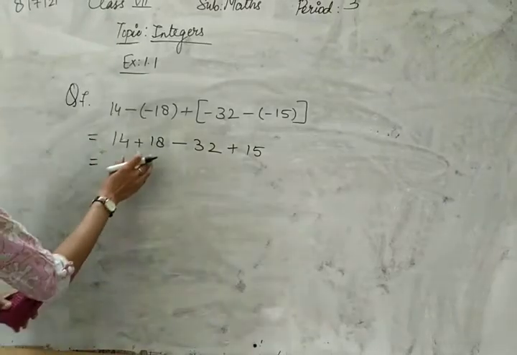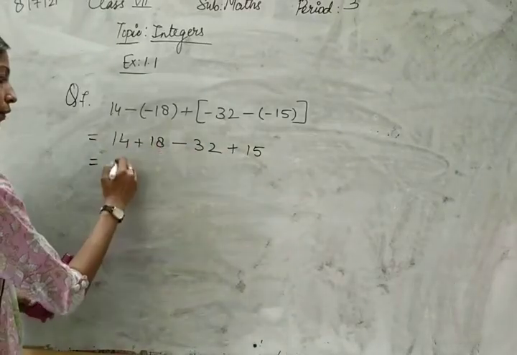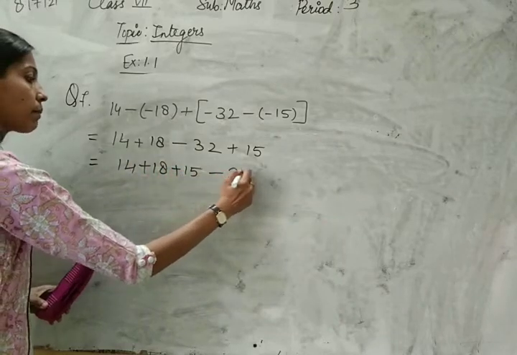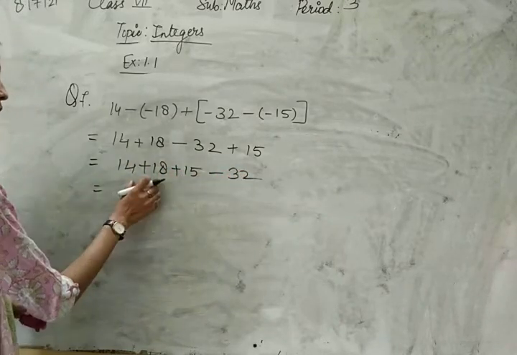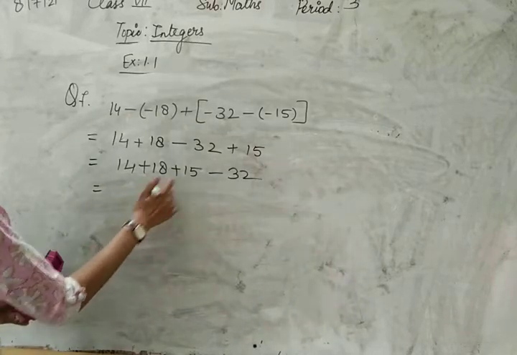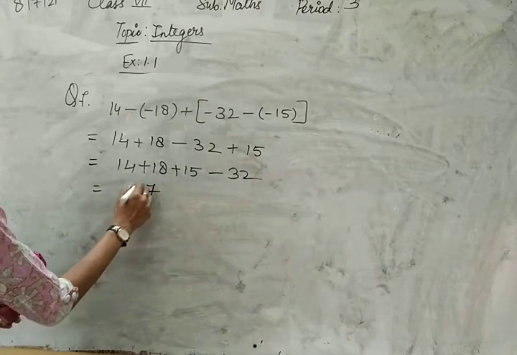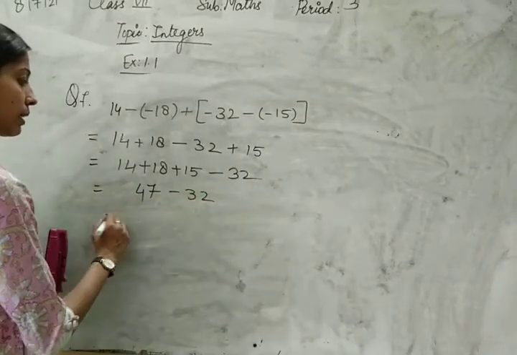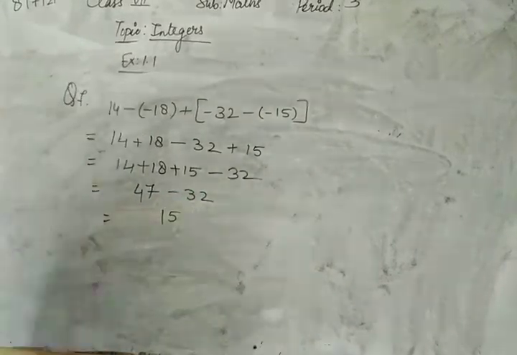Okay, now we will add 14, 18 and 15, then subtract it from 32. 14, 18 and 15 will become 47. Minus 32, answer will be 15.